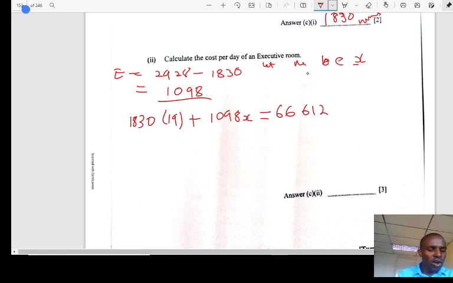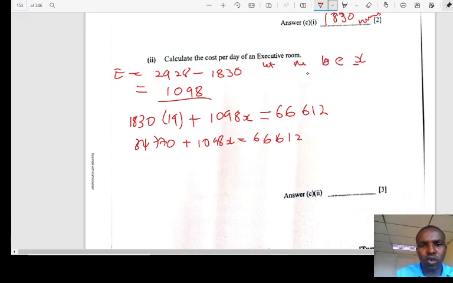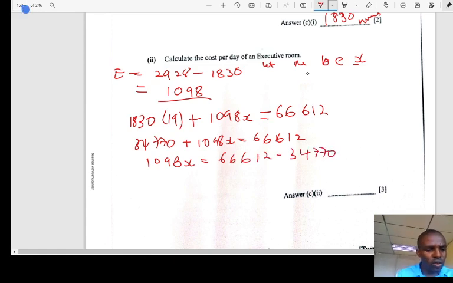You solve. 1830 times 19, you get 34770 plus 1098x is equal to 66612. Then collect like terms. 1098x is equal to 66612 minus 34770.